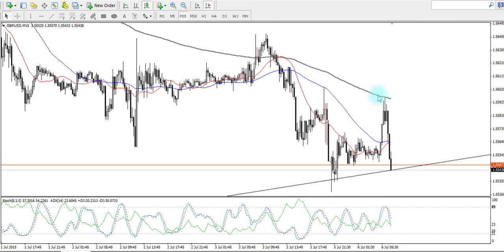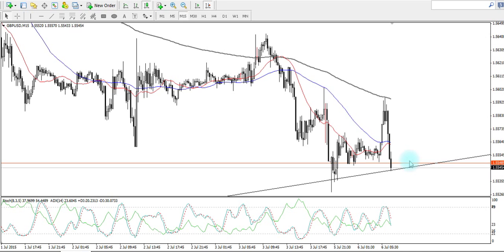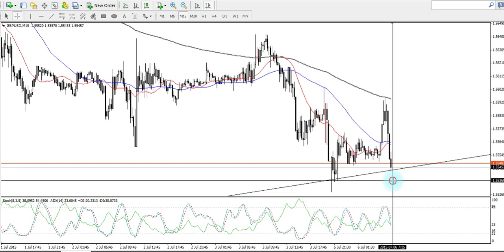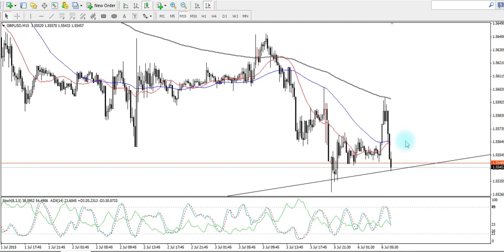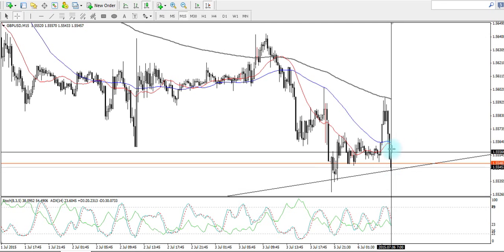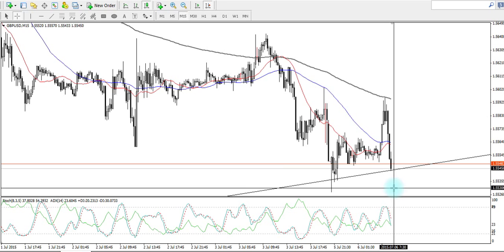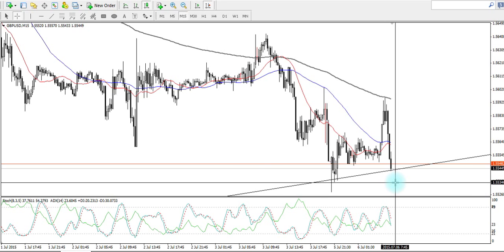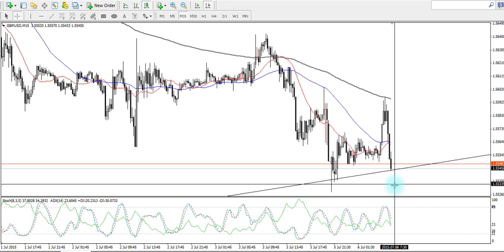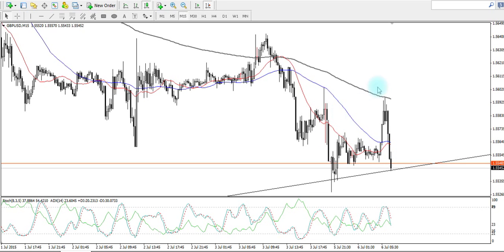The chart pattern right here, for myself, favors a long opportunity, but if it cuts below, then that would be a different scenario. Or you can wait for price to fall all the way to the price of 1.5534. If it pulls back, that could be a very good signal to go for a long as well.